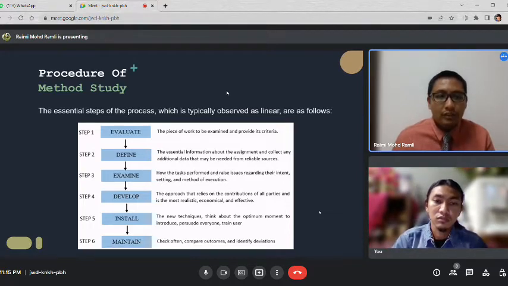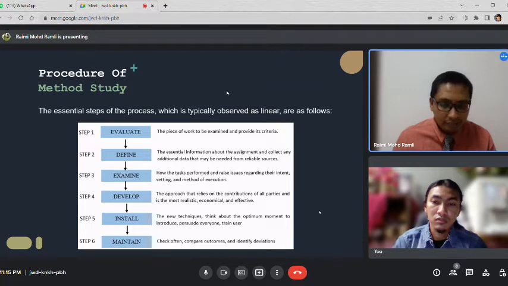Step 2 is define the essential information about the assignment and collect any additional data that may be needed from reliable sources. Step 3, examine how the task is performed and raise issues regarding their intent, setting, and method of execution.